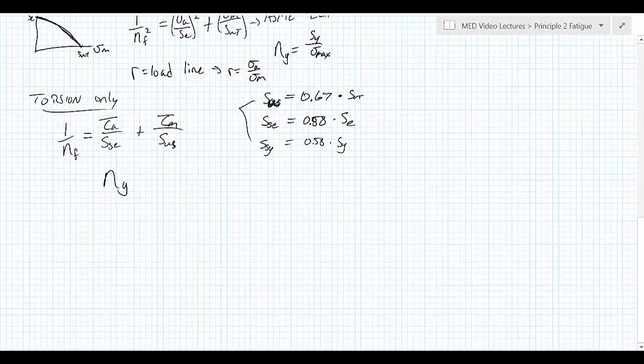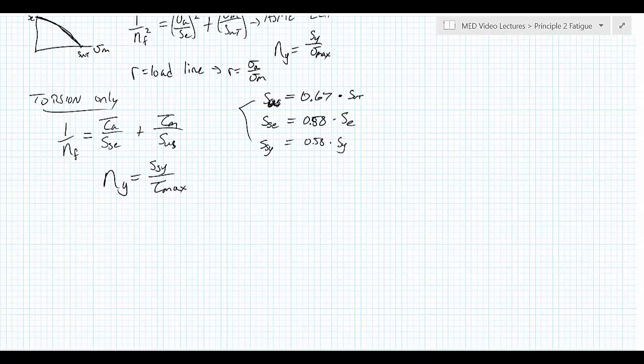So we can make sure it doesn't yield in shear by saying that the shear yield strength needs to be greater than our maximum stress that we're under, including, of course, any stress concentration factors that are necessary.